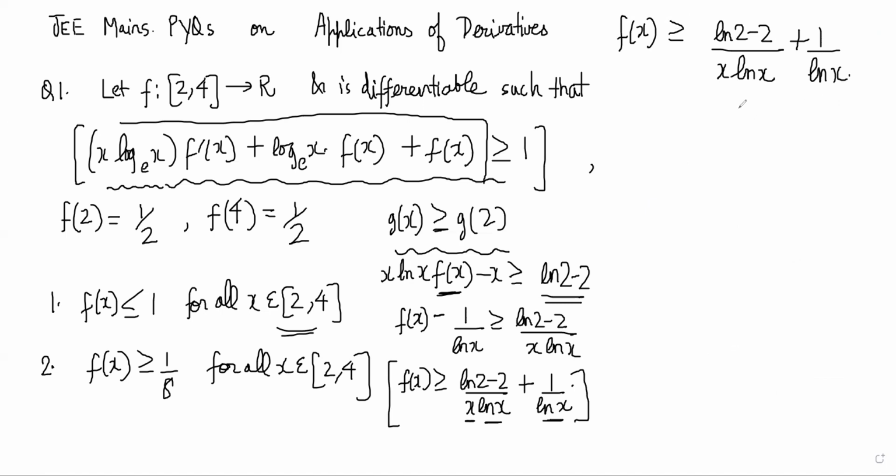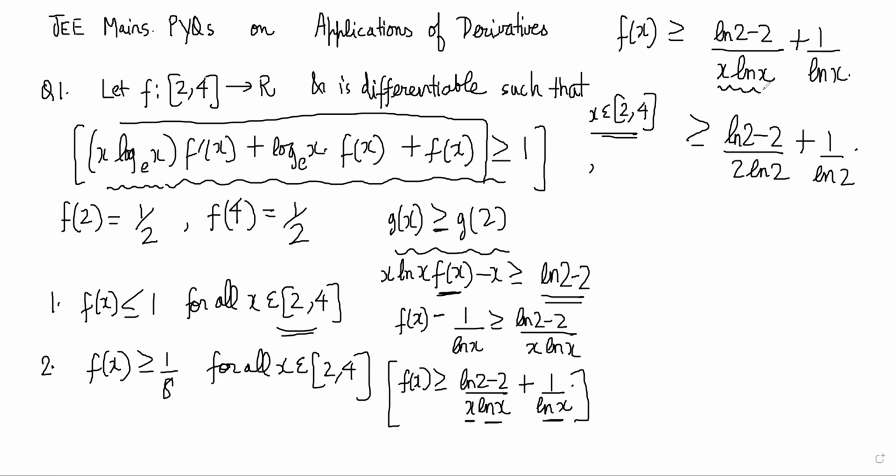We have this relation, and now we can say that x belongs to 2 to 4, and here we can write this will be greater than or equal to ln 2 minus 2 by 2 ln 2 plus 1 by ln 2. Why?